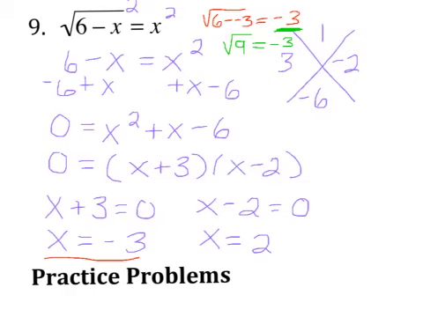So x equals -3 is extraneous. It's not a real solution.